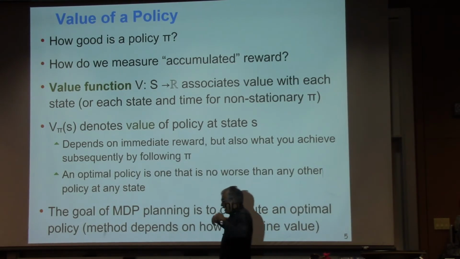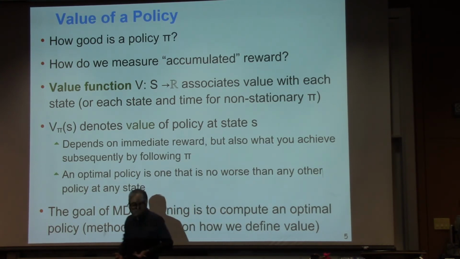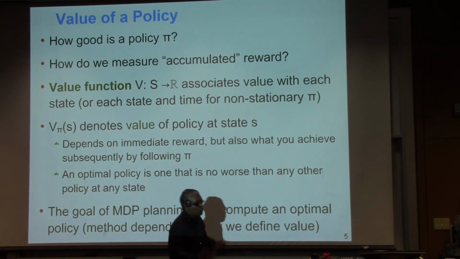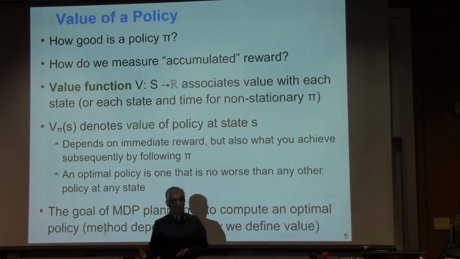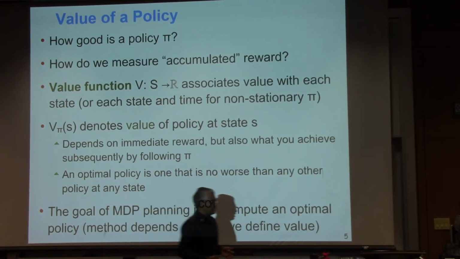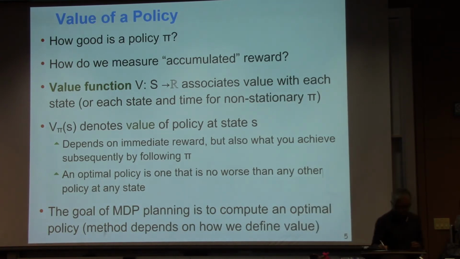Now, I have to keep on saying this thing called cumulative expected reward. Not just the reward, but cumulative expected reward. I want to make a name for it. I will call it value of a state.